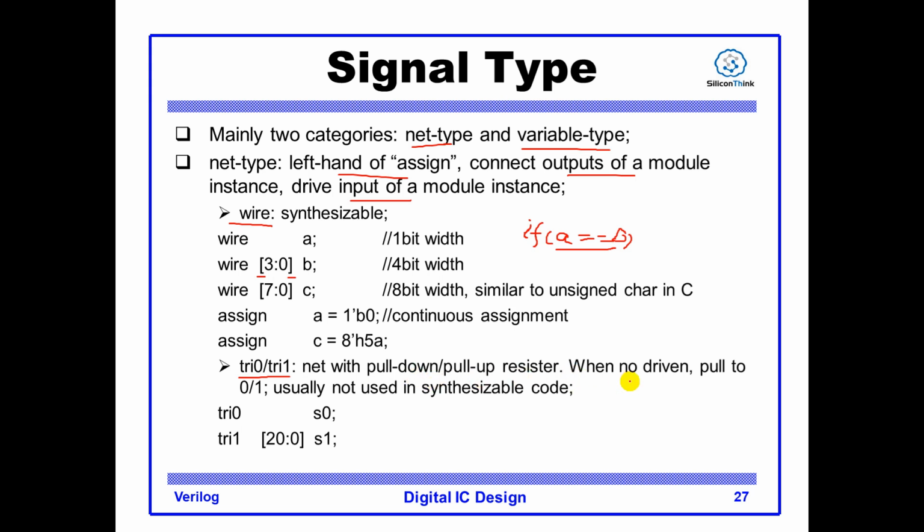So when there is no load driven to a wire, the wire will be pulled down or up to 0 or 1. But you have to notice that these definitions are not synthesizable, so you can't use them in synthesizable code. It's usually used in test bench.